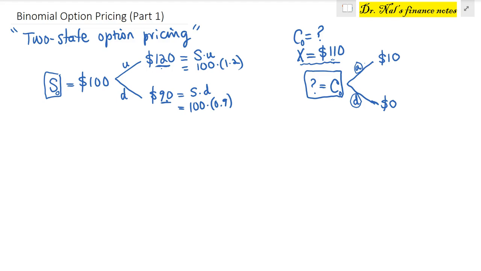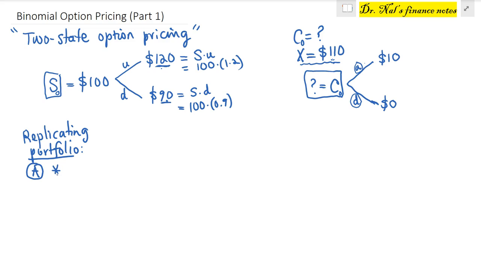Well, the main idea is to come up with a replicating portfolio. So we will create our first replicating portfolio, and for that I'll go ahead and create two examples actually. In my first example, let me create portfolio A, and portfolio A has two pieces in it.